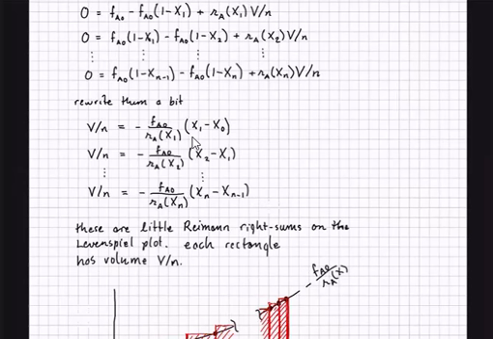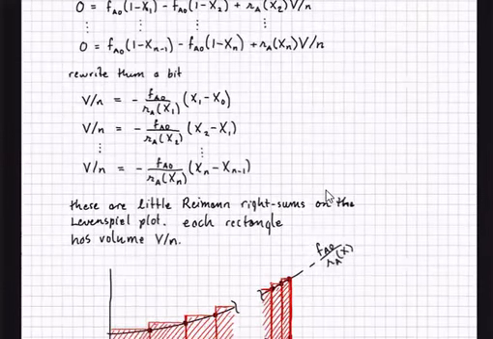So this is the first reactor, and it achieved a change x1 minus x0. x0 here was just 0. We had no conversion at the beginning of this process. When I go down to the last reactor, I have FA0 over RA evaluated at the conditions of the nth reactor, and this is the change in conversion achieved by the nth reactor, going from xn minus 1 up to xn. Okay, so these are like little tiny Riemann sums, if you want to think of them that way.